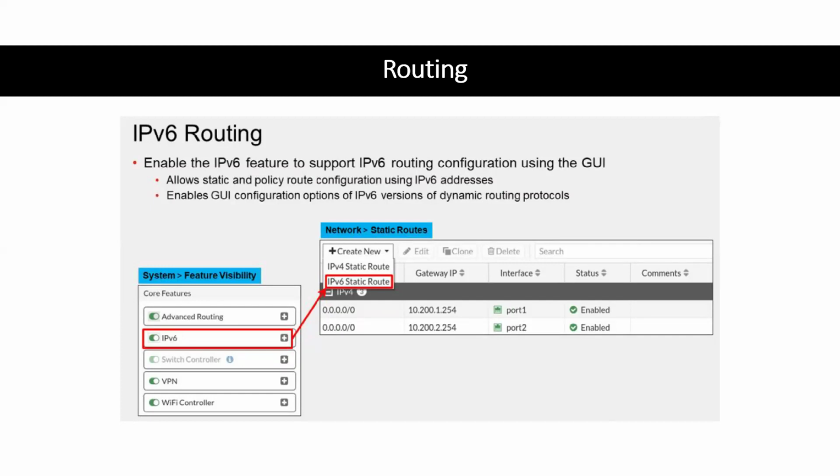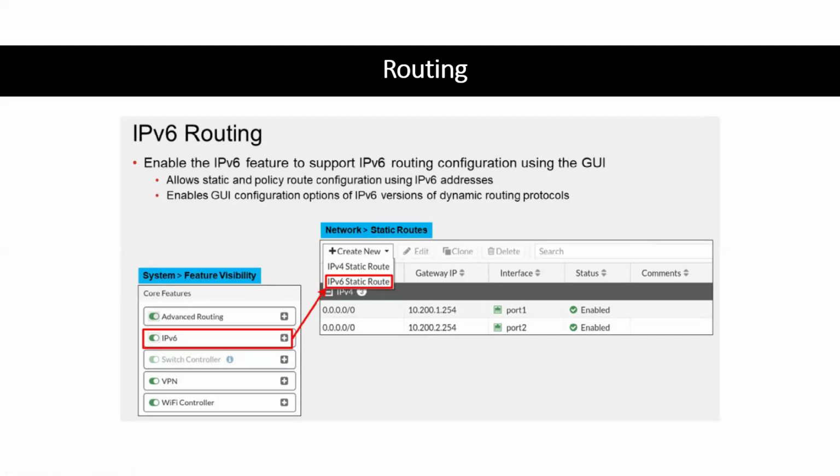It's not enabled by default out of the box. This is an extra feature on the FortiGate, and doing this, you'll also be able to configure IPv6 while doing your dynamic routing configuration. Any questions?